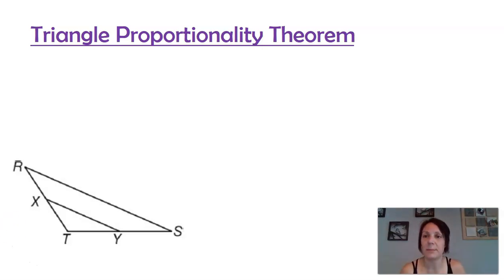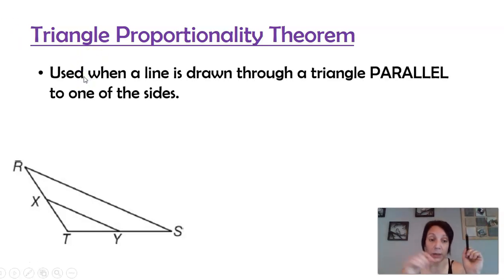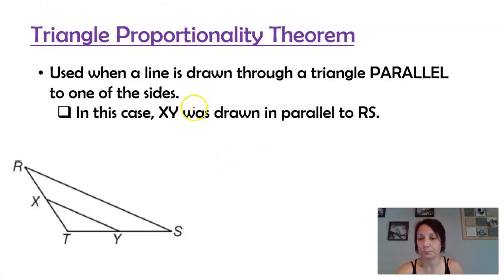So the first thing with the triangle proportionality theorem is that the only time this theorem comes into effect is when you have a triangle and you come into the interior of the triangle somewhere, and you draw a line that connects two sides that happens to be parallel to the other side. If you look down here in this diagram, we have this triangle RTS, and then this little segment on the inside, XY.